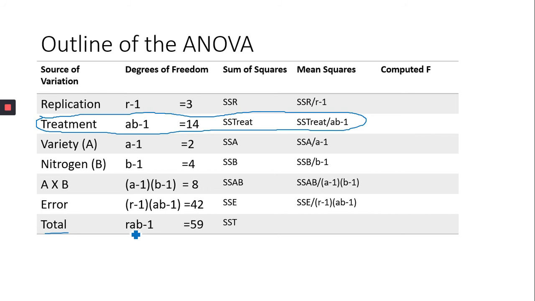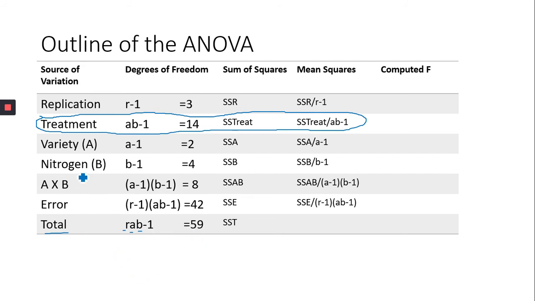You say the levels of factor A, 3 varieties, times B, which is 5 levels, 3 times 5, which is 15, times the number of replications, 4. So you multiply 4, 3, 5, you get 60 minus 1, that will give us 59.